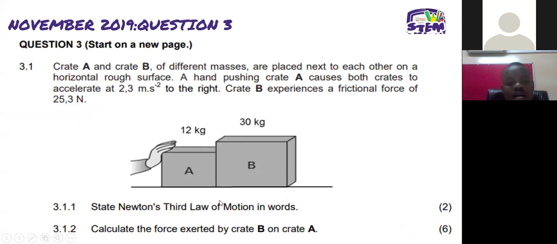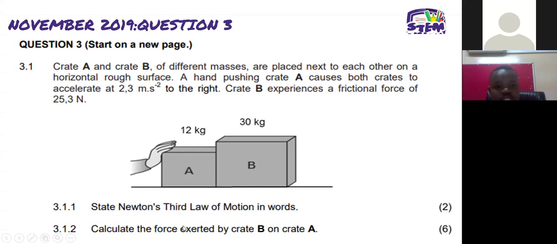Now, remember, yesterday we dealt with Newton's third law of motion, and we looked at a number of examples. We also did a question on that, where we were actually looking at action-reaction pairs of forces. But now we are going to deal with this question.